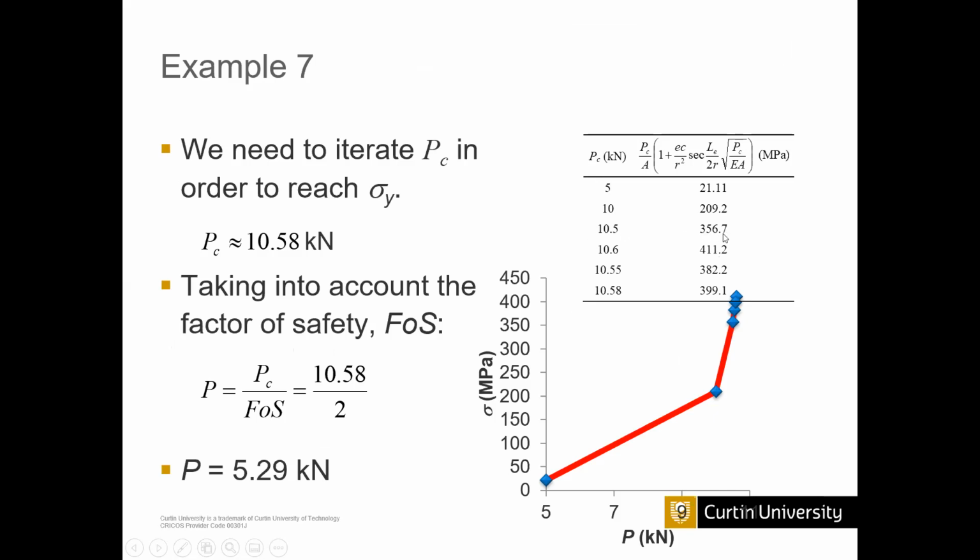That means what you can do, you can interpolate these values and you can get the PC value from these two values. When you substitute here 5 you will get some value, 10 you will get some value, and likewise you can increase the value of the PC and check the stress value.